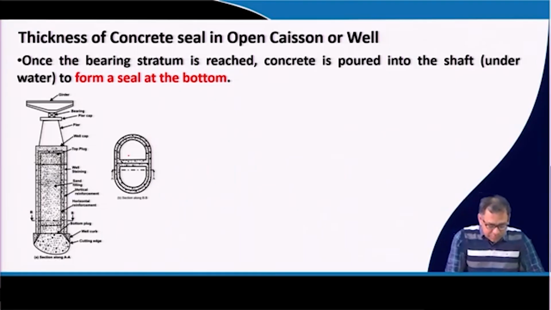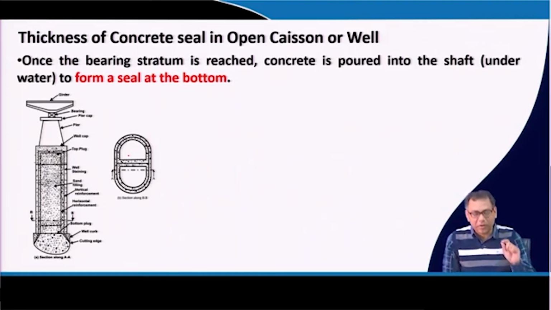So, once this bottom seal is done, we have to check whether the thickness of the concreting for the bottom seal is sufficient or not. Why is this thickness important? Because there will be a buoyancy force which will act in the upward direction. We have to check whether the concrete is sufficient to take care of that buoyancy force.